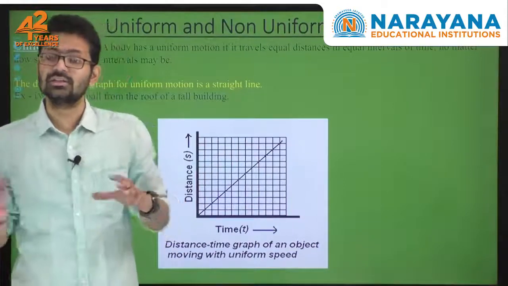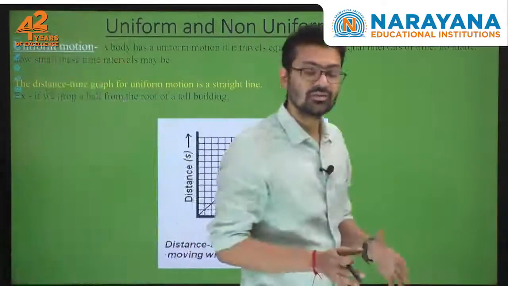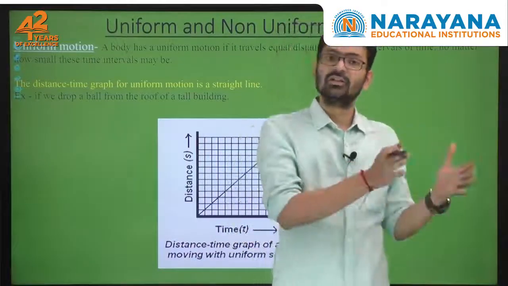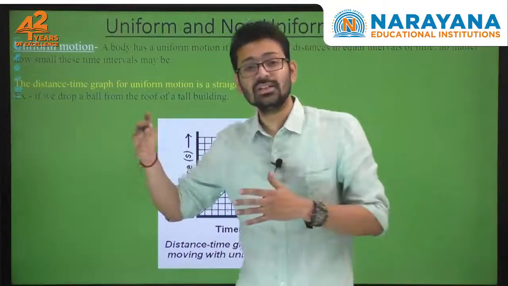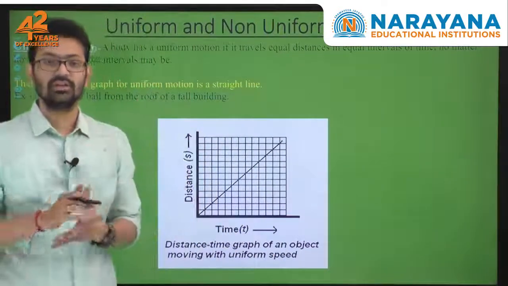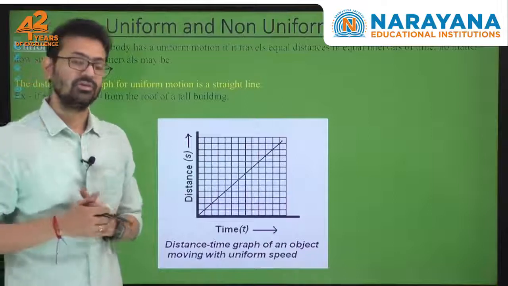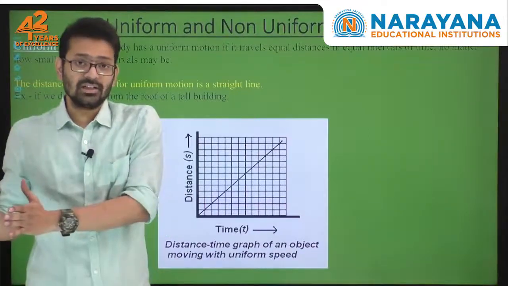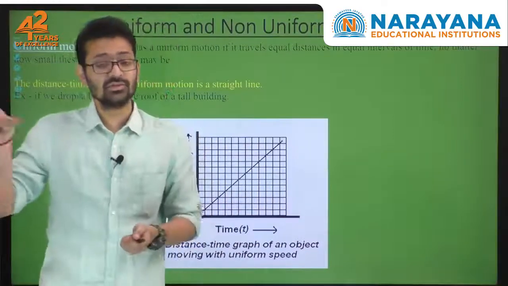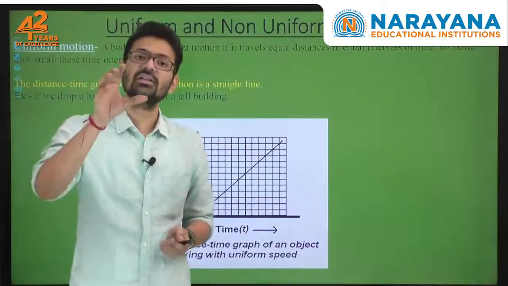For another 10 seconds, you travel another 1 meter. For another 10 seconds, another 1 meter. That means for each time interval of 10 seconds, you are traveling 1 meter. Here you can observe there is equality in time interval, 10 seconds, 10 seconds, 10 seconds, and the distance traveled in every 10 seconds is also similar.